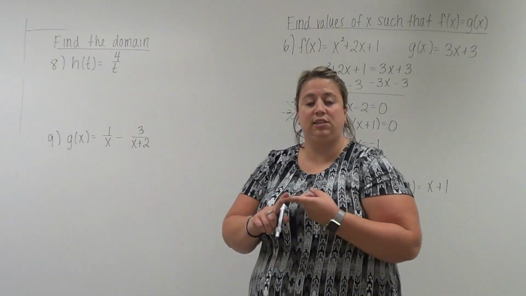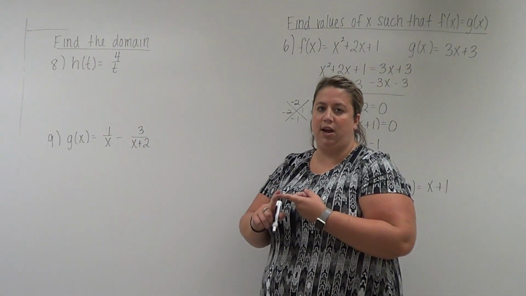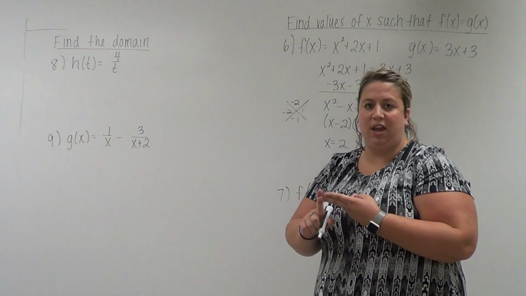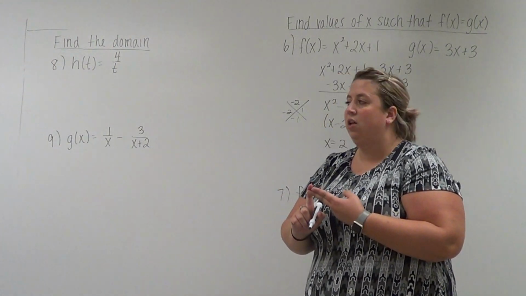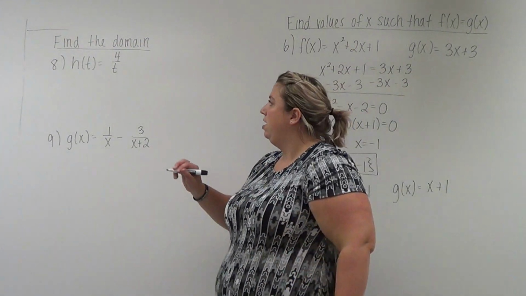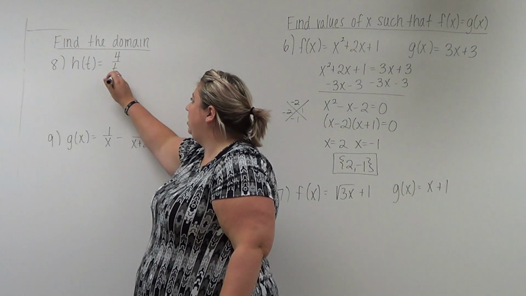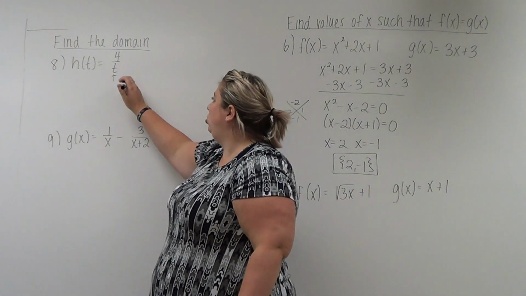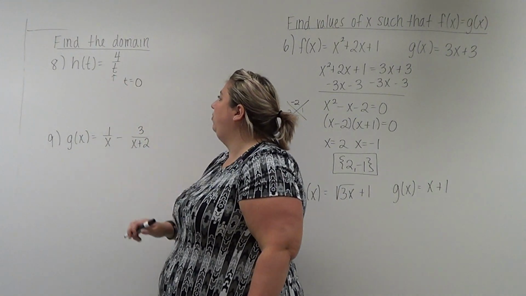If you have fractions, you can't have a 0 in the denominator. And when you have square roots, you can't have the square root of anything that's negative. So like on number 8, every single number would work, except for whatever is going to make this 0. So what you do is you just set that equal to 0 and solve.